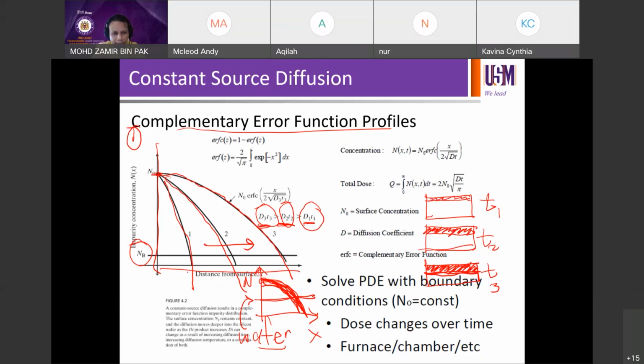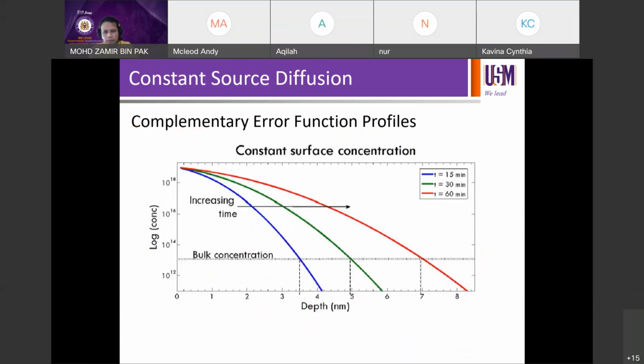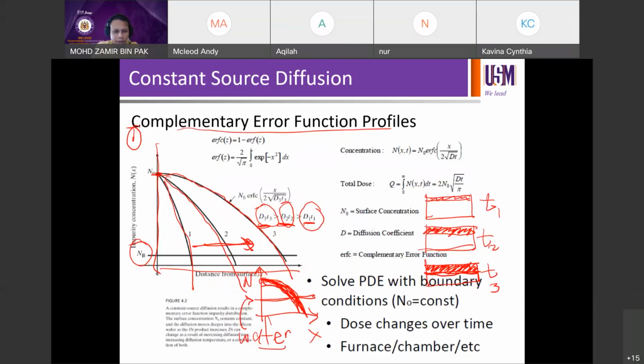You can also relate to this. So kalau nak tengok XJ, the XJ for D1T1, that means you need to know this point. Okay, XJ, then D2T2, XJ is here, D3T3, XJ is here. Okay, so then the formula that you can use to calculate concentration and total dose are here. So kita akan tengok nanti macam mana nak guna equation ni.